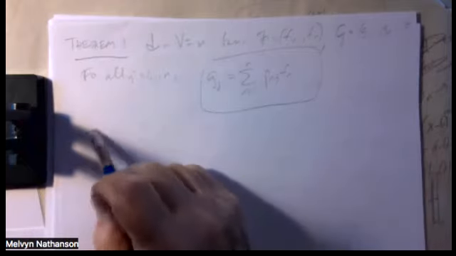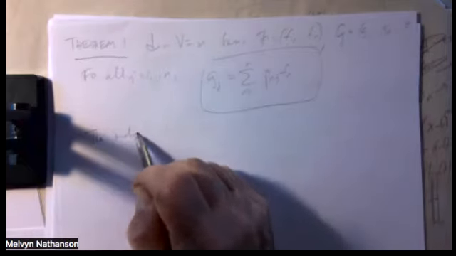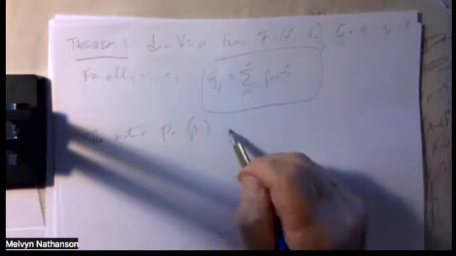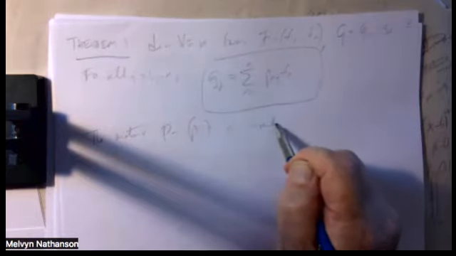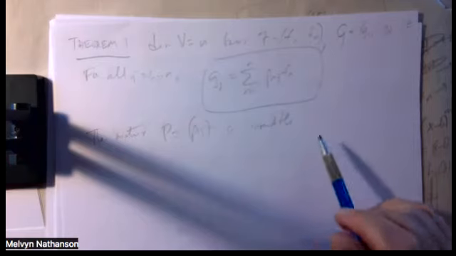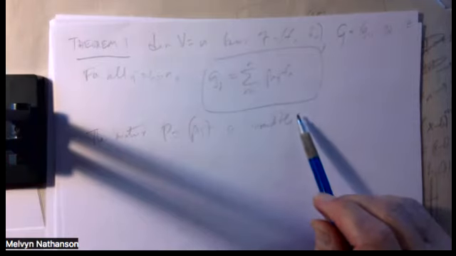And I claim, first of all, the matrix P, whose entries are the Pij's, is invertible. And why is that?